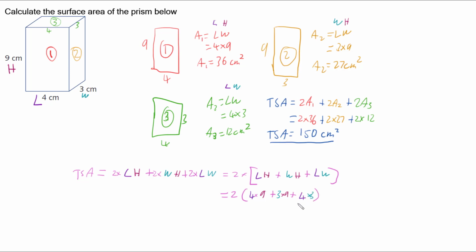And if you look, these are the same calculations. I had 4 times 9, and 3 times 9, and 4 times 3, added together and times by 2. And so we get the same answer, 150 centimeters squared, for the total surface area of the rectangular prism.